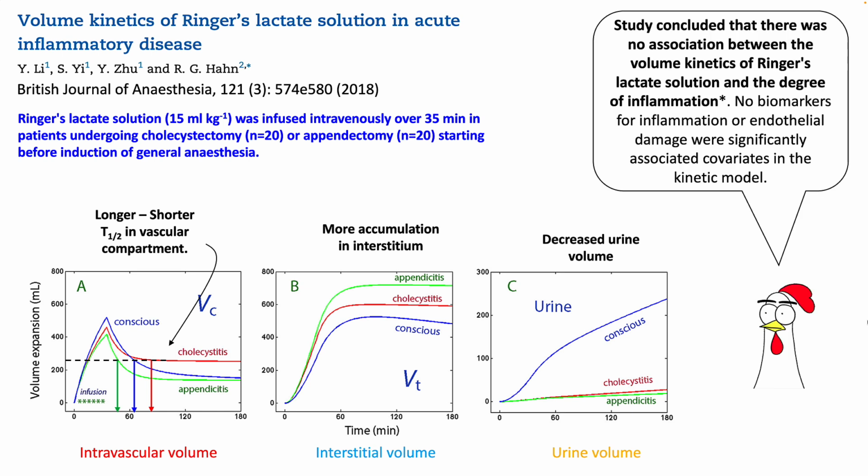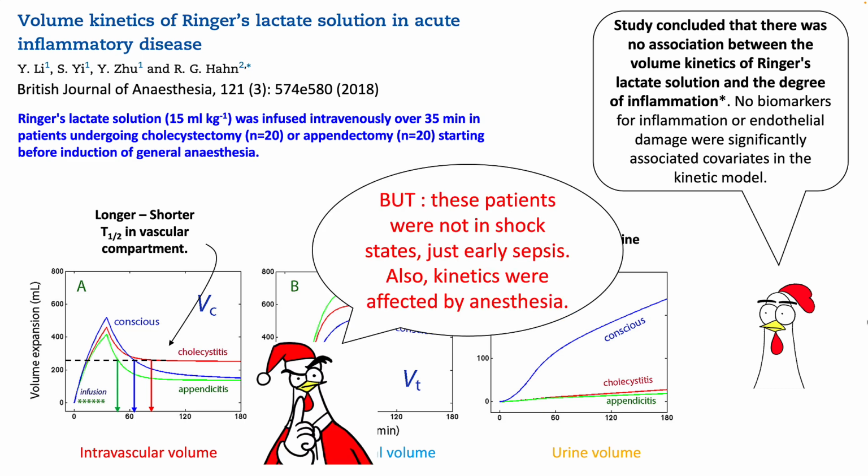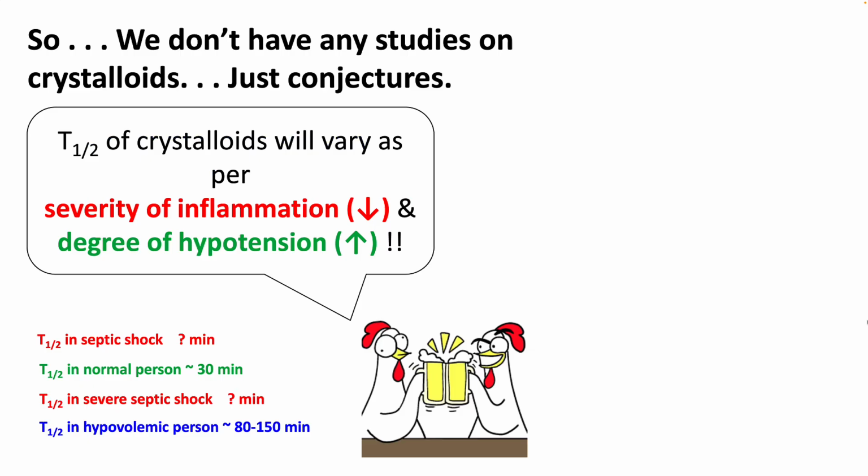The study concluded that there was no association between the volume kinetics of Ringer's and the degree of inflammation. However, these patients were not in a shock state and were just in early sepsis, and also kinetics were affected by anesthesia. So we cannot really extrapolate any good conclusion from this study.